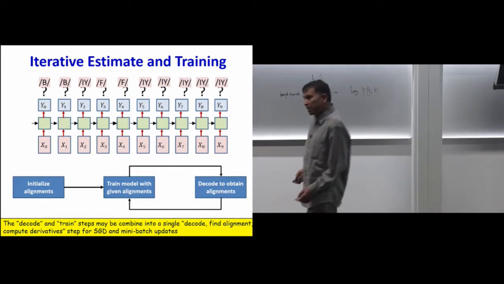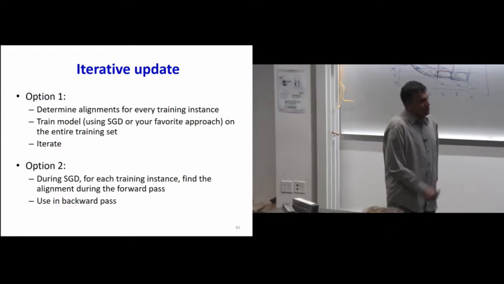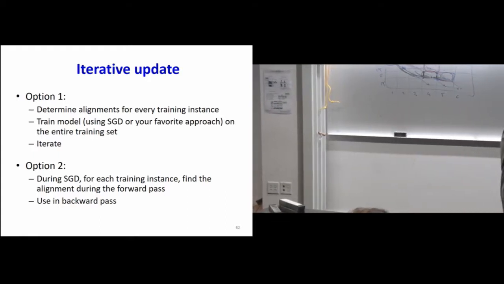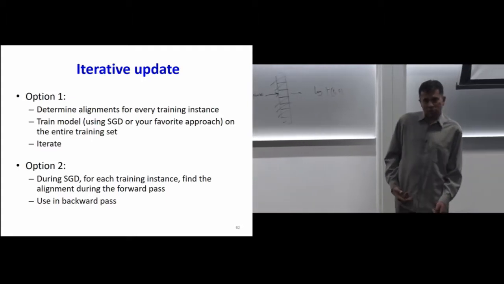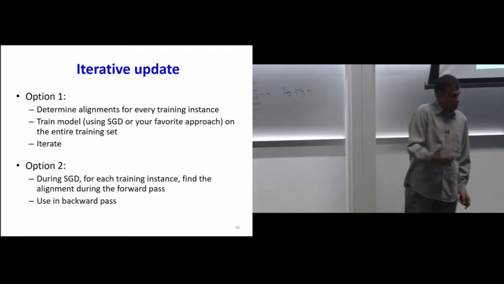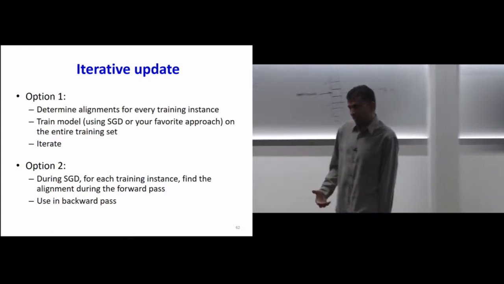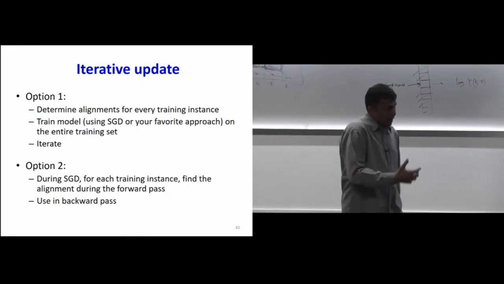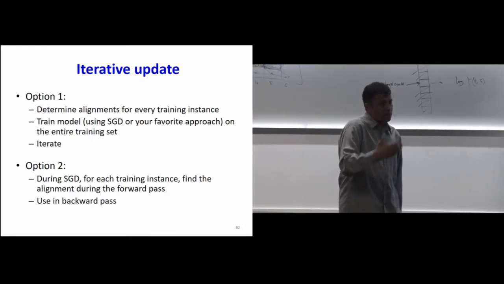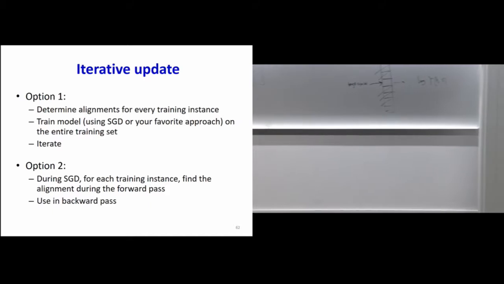But implementationally speaking, there are a couple of different ways of implementing this. In the one case, I can take my entire training data and find the best alignments for everything. Then go back and use those alignments to train my model, and then repeat the process. Or in the other case, even as I'm performing stochastic gradient descent, I can locally just find the alignment and update the models as soon as I find the alignment, which means that one pass through the data is going to give me many, many updates of my model.